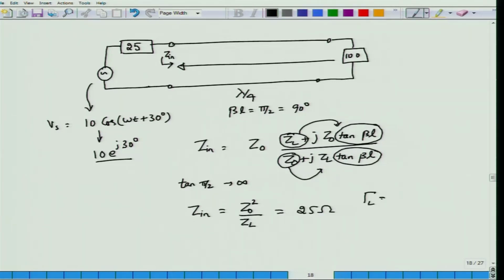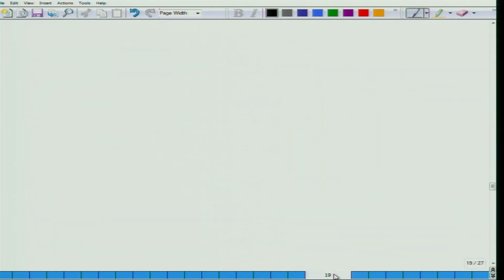You can also show that the load reflection coefficient is 1 by 3, that is, (100 minus 50) divided by (100 plus 50). I did not mention that the characteristic impedance was 50 ohms. Now that I have simplified this input impedance, I can find the initial voltage phasor.